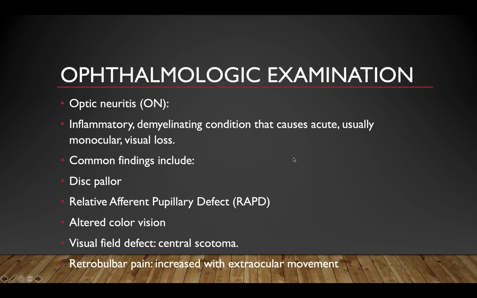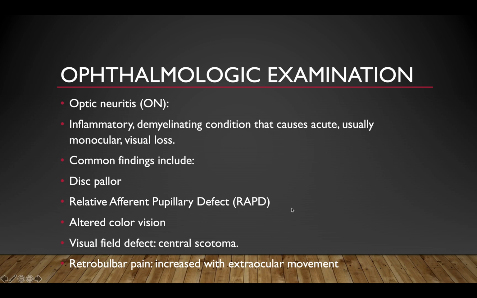So, also we want to talk about ophthalmological examination, specifically about optic neuritis. Optic neuritis is defined as an inflammatory demyelinating condition that can cause usually a unilateral visual loss. Monocular means unilateral, so one eye. Common findings include disc pallor and relative afferent pupillary defect.